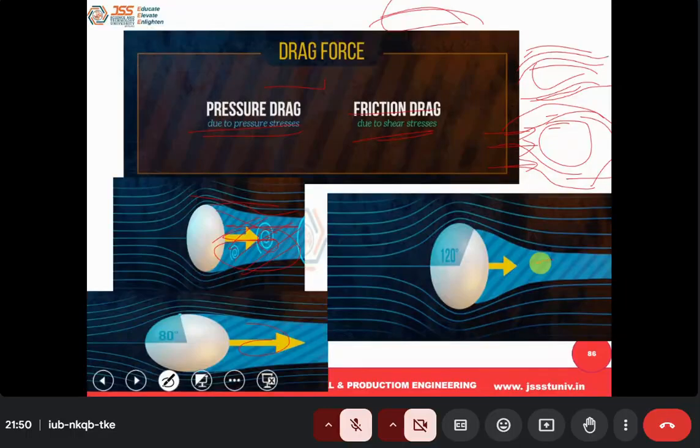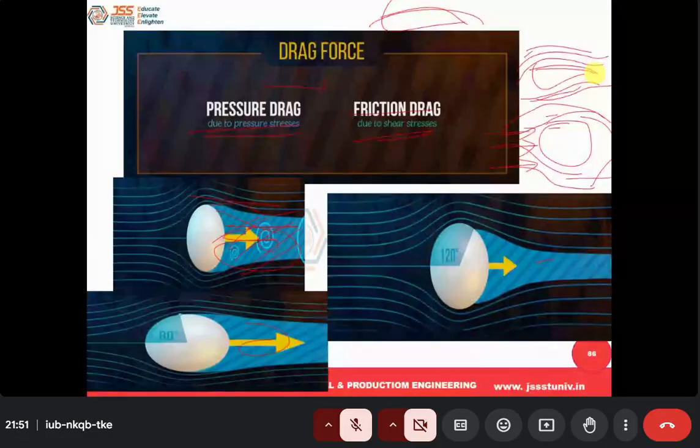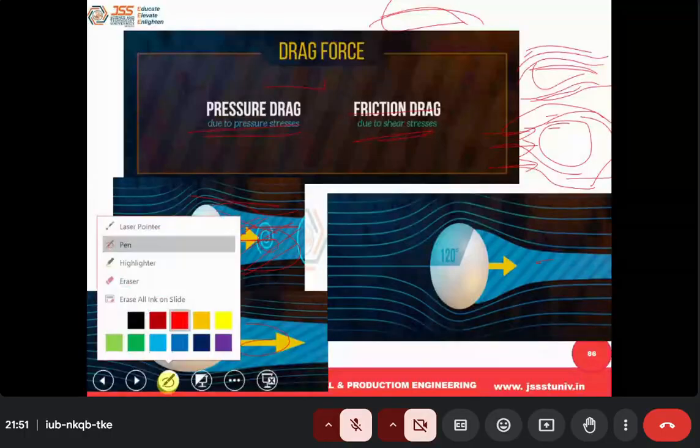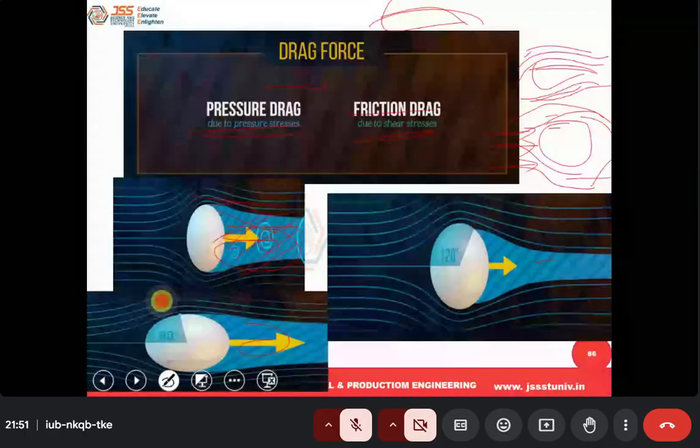Now, tell me, in a ball will more flow separation take place, or in an aerofoil? Aerofoil or ball, spherical ball? Sorry, aerofoil, that second one.